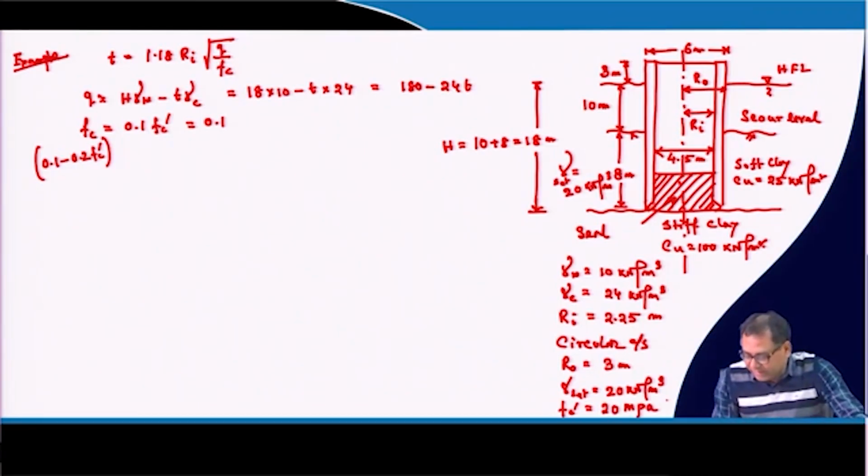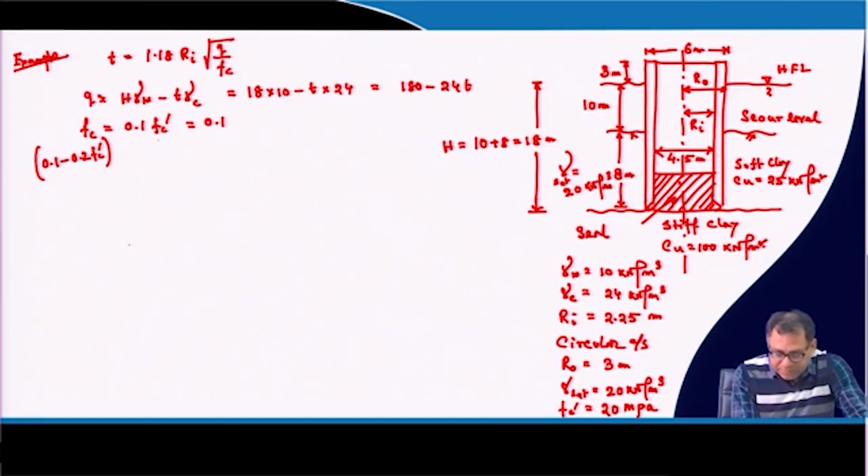On this side all the known properties are given, and on this side we are calculating the unknowns.